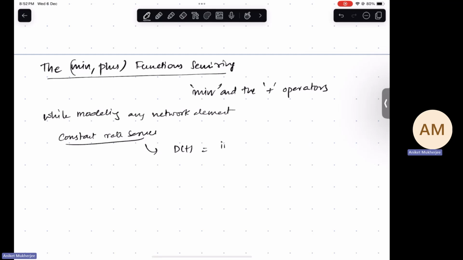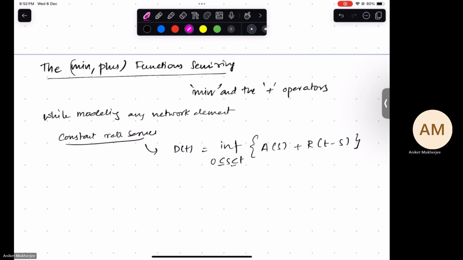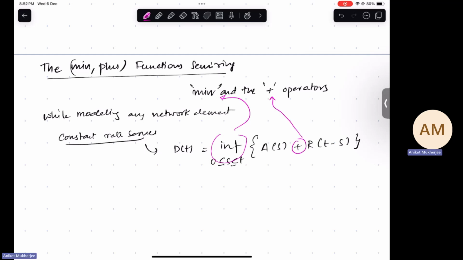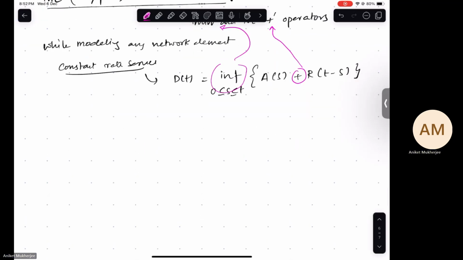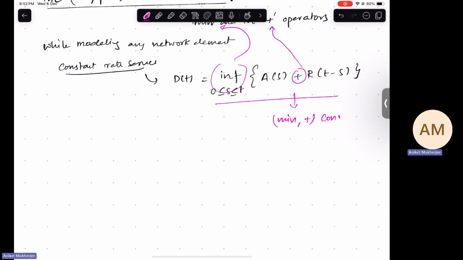The departure process was basically the infimum over 0 less than or equal to s less than or equal to t of A(s) plus R times (t minus s). So you saw the min function, you saw the plus operator. This is basically known as the min-plus convolution. We have not yet defined it formally, but we'll go through what the min-plus convolution is in this chapter.